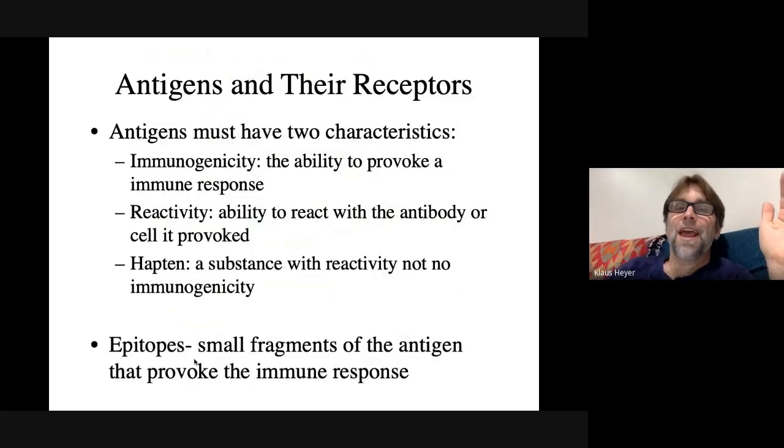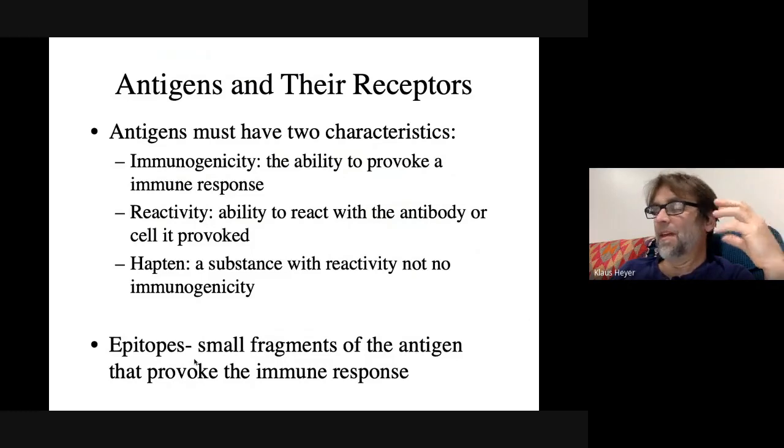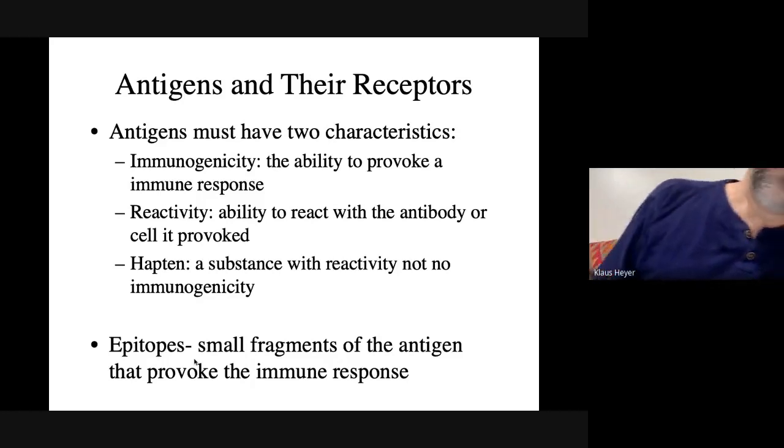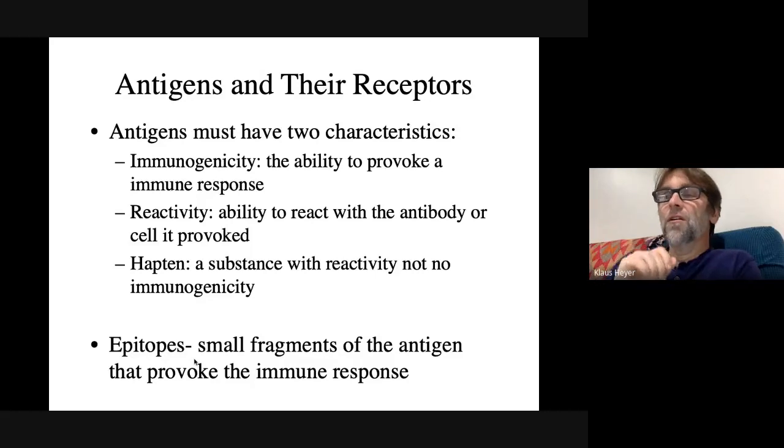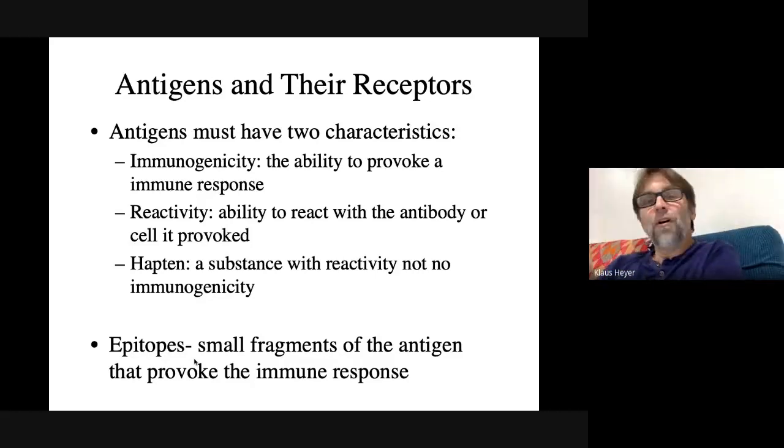So before we get into that, antigens. Remember, an antigen is the piece of the pathogen that our immune system is going after. We don't go after a whole bacteria or a whole virus, just pieces that are usually on their protein coat. Those pieces, the name tag of the bacteria, are antigens, and they have to have two characteristics.